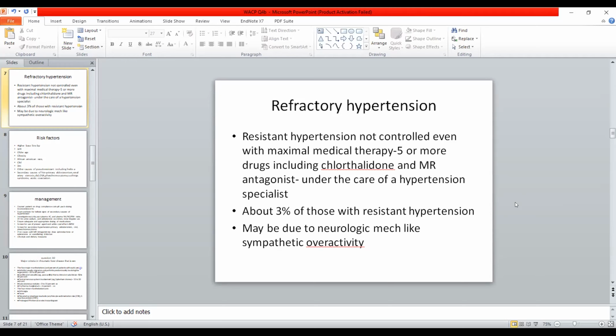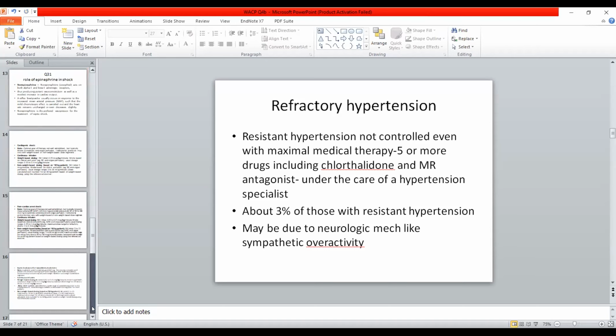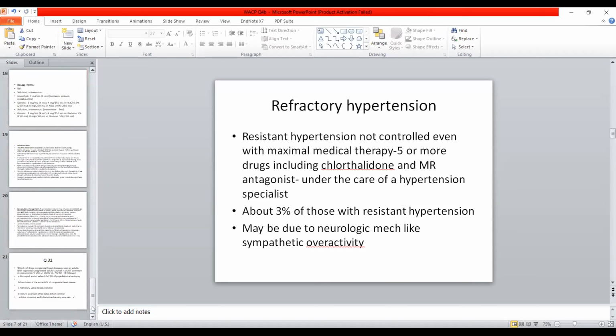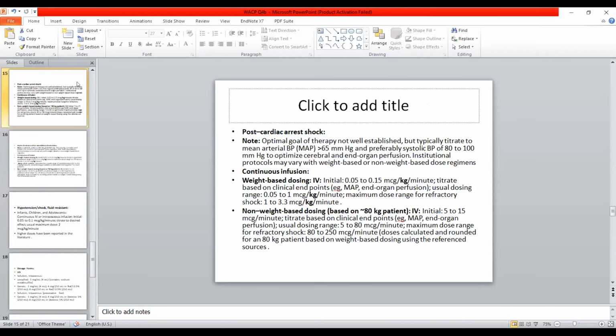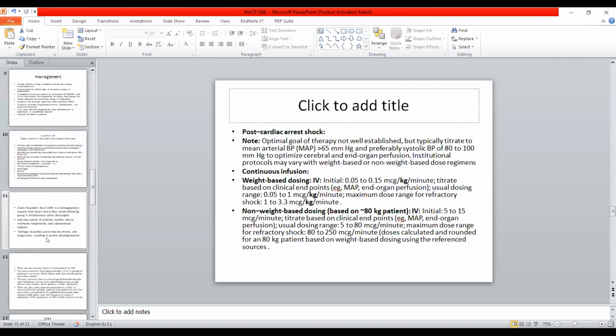That's the reason why the hypertension specialist will have to see. Although I think the SYMPLICITY HTN-3 trial also looked at renal nerve denervation. They didn't appear to find anything.